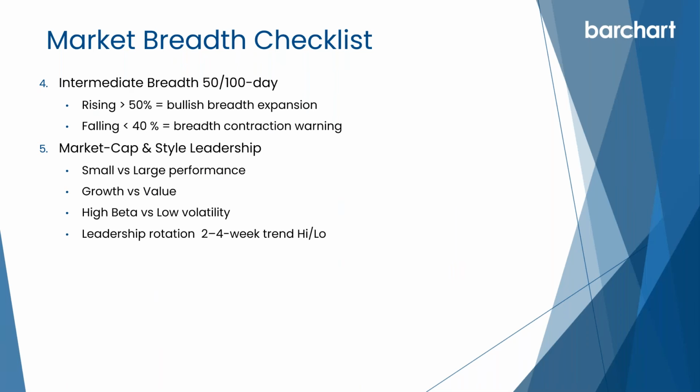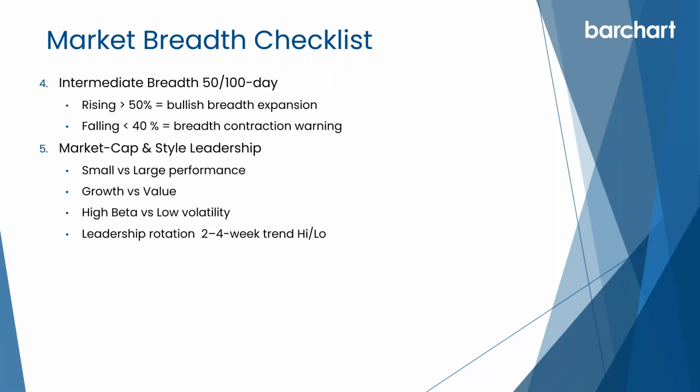So can we look at small caps versus large cap performance? Now, leadership often shifts from a run of macro regime changes. In other words, a change in, let's say, what the Fed is doing, quantitative easing to quantitative tightening, or vice versa, or economic indicators, for instance, the jobs market.